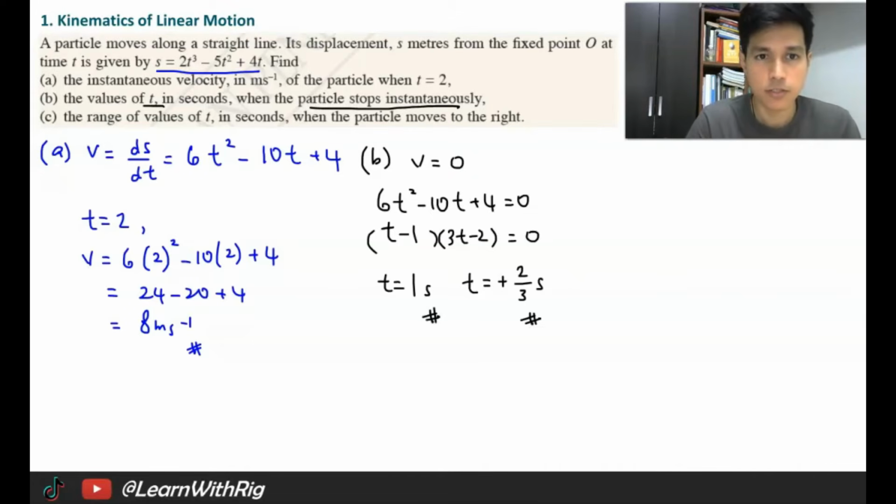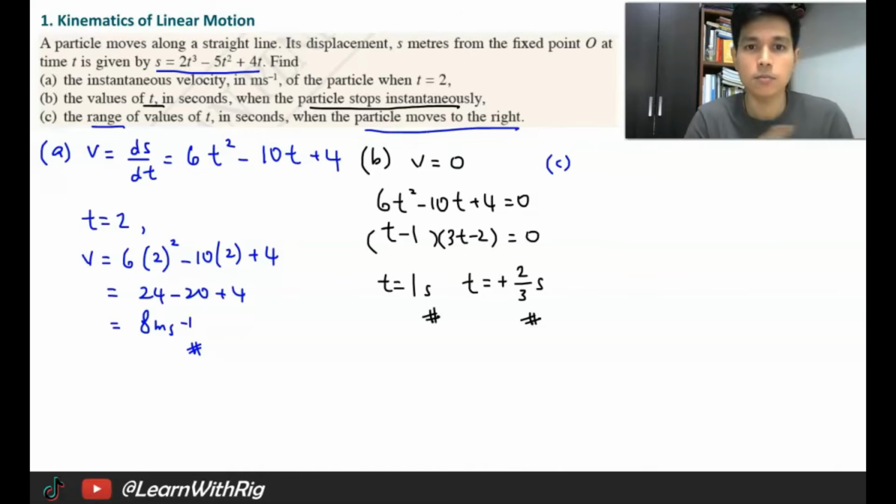Okay, question C. Find the range. Now when you see range, I told you, you need inequality. So when there's range, they ask when the particle moves to the right. When it moves to the right, remember, for displacement and velocity, direction matters, right? If it moves to the right, it's positive. Move to the left is negative.